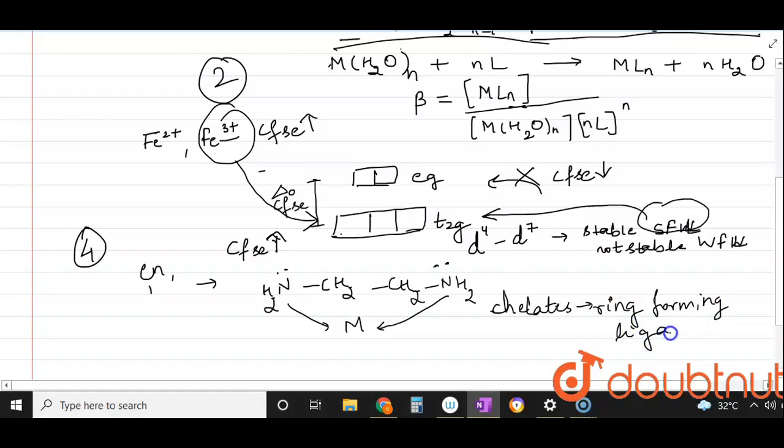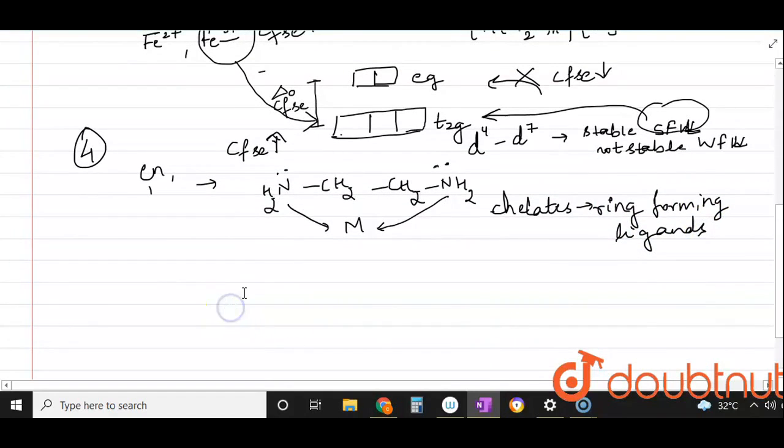Now the ring forming ligands are stable because if we have a metal which is bonded with en here, and if we have a metal bonded with ammonia, the chelate complex will be more stable.